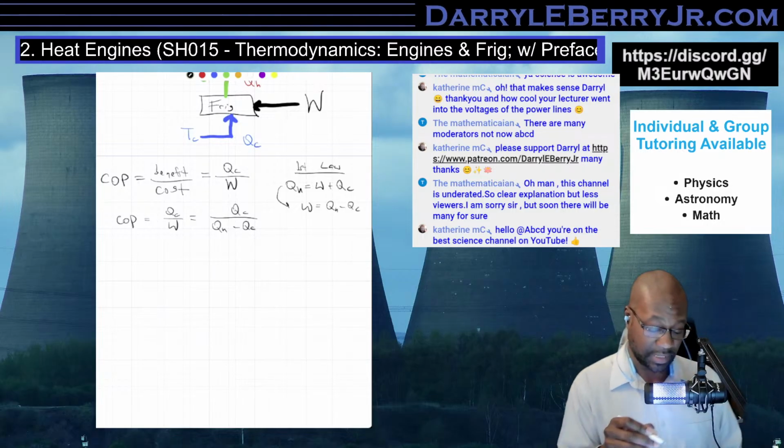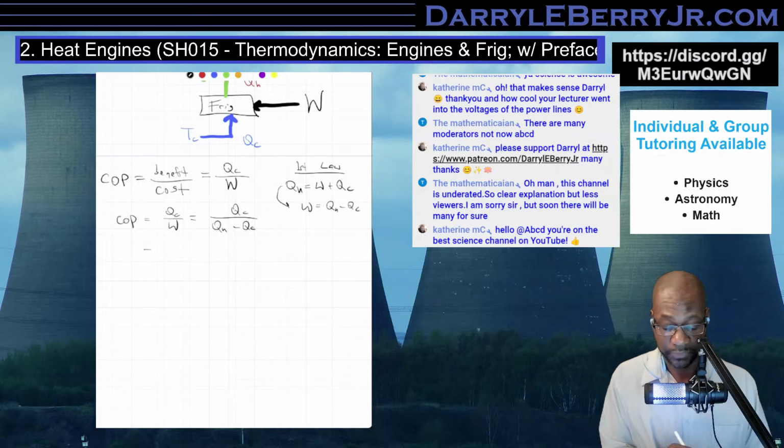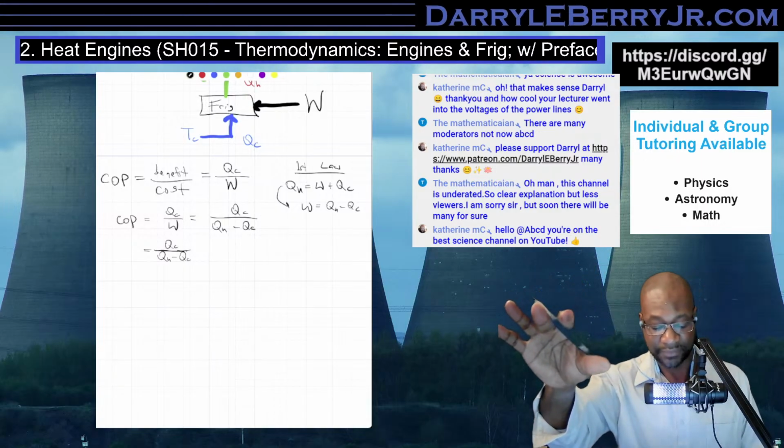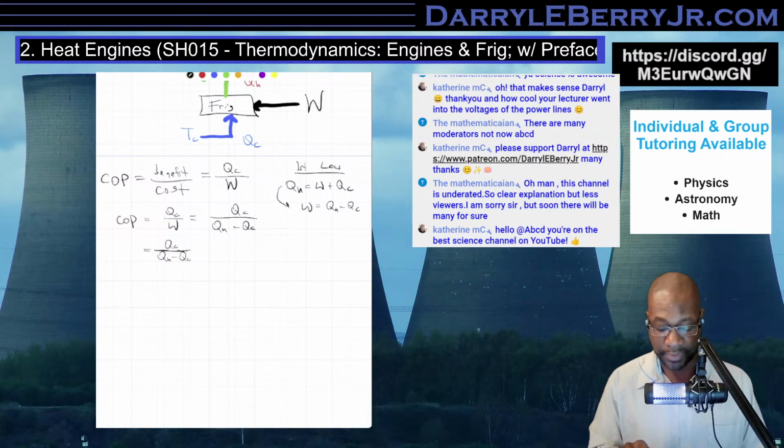Now this one gets a bit more complicated as far as the algebra. So if we look at this, and I'll try to break this down, I can actually multiply this by 1, and it stays the same. So again, we have the energy that's in our refrigerator already, divided by the energy that we're going to dump outside minus the energy that's already in there, the work on the bottom. And what I'm going to do is divide this by QC over QC.